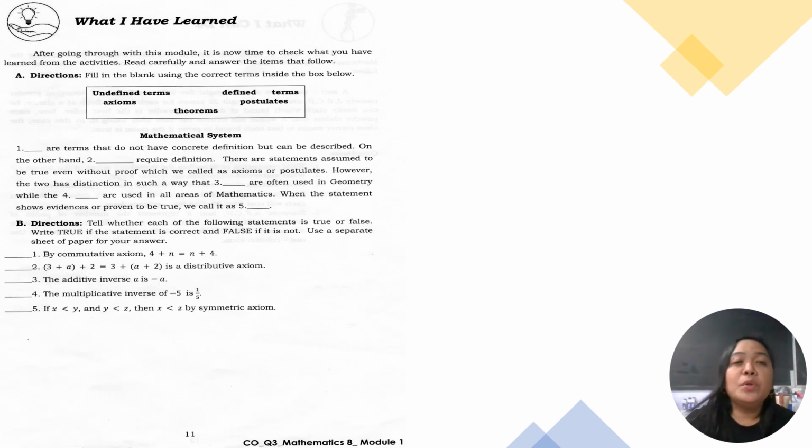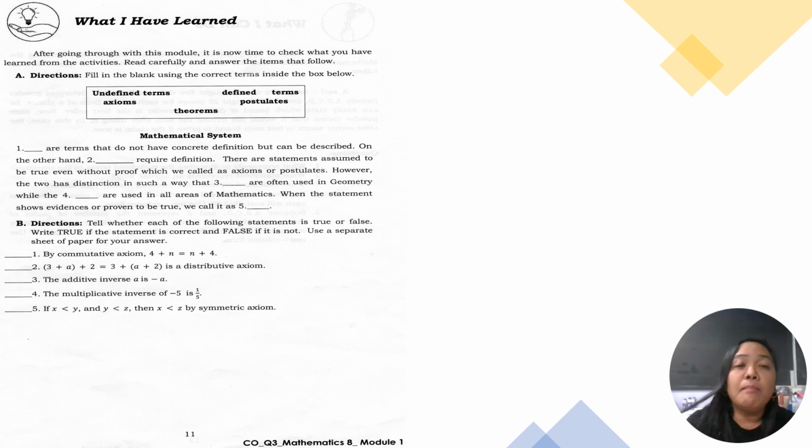After going through everything in this module, it is now time to check what you have learned from the given activities, the previous activities that you have done. Okay? So, given on page 11 of your SLM, in the box there are the different terms like undefined terms, axioms, defined terms, postulates, and theorems.